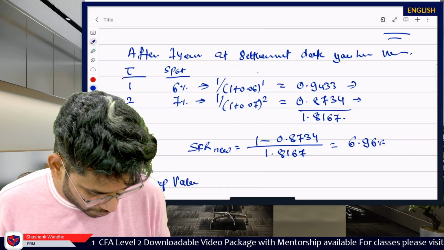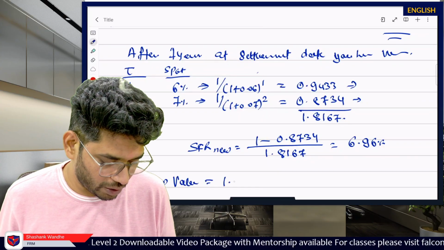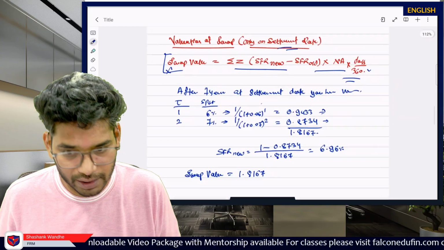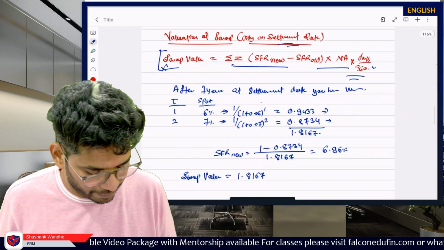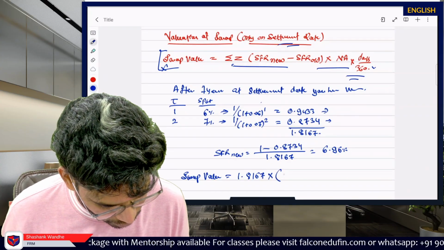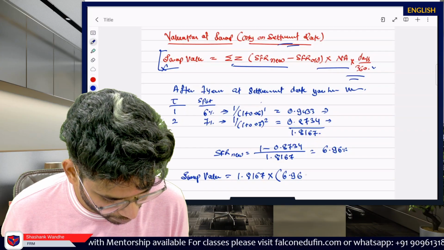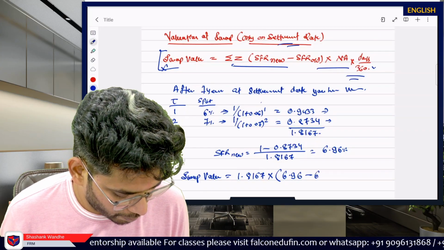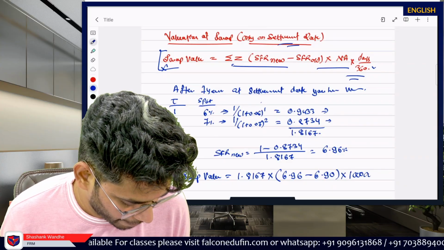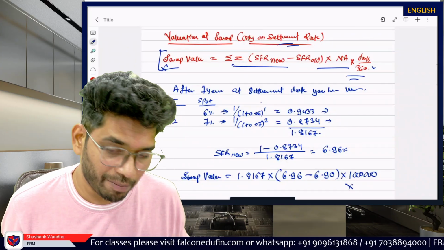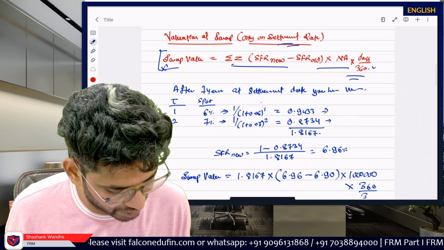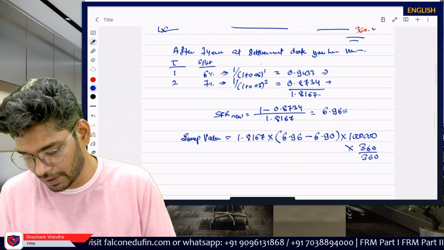So swap value is equal to the sum of all Z's, which is 1.8167. See this, the sum of all Z's at the settlement, multiplied by the SFR new, 6.96 minus old 6.90, multiplied by the notional amount, which is 1 million, and multiplied by the number of days. Because our calculation is annual, it will be 360 divided by 360, effectively 1.